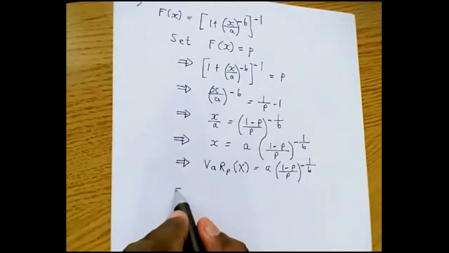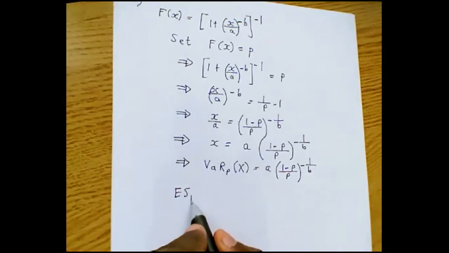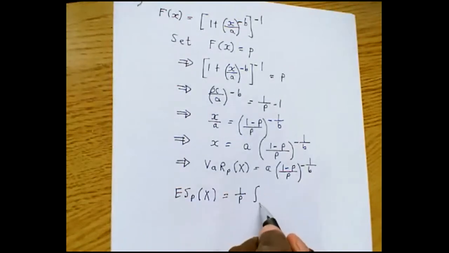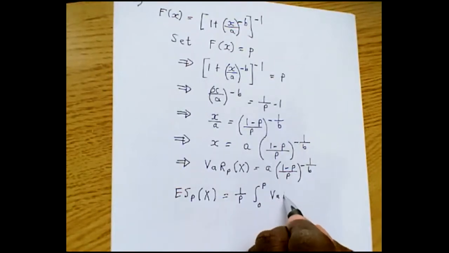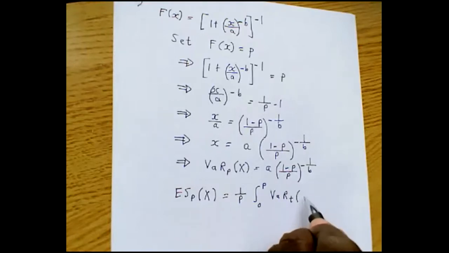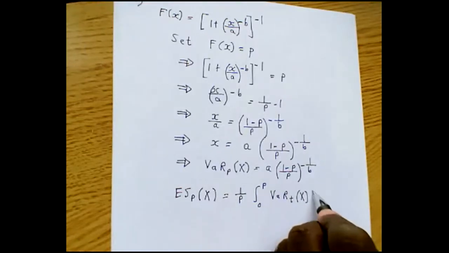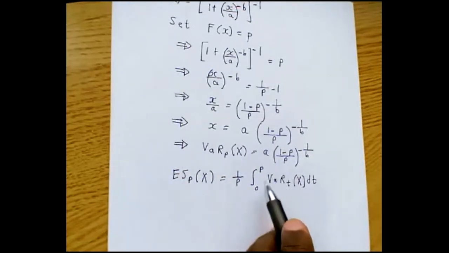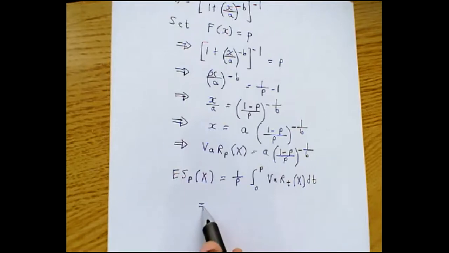Now to find the expected shortfall, you will use the formula I gave you, which is this one. Okay, so subbing this into this, you get a is a constant, so you can pull it outside.